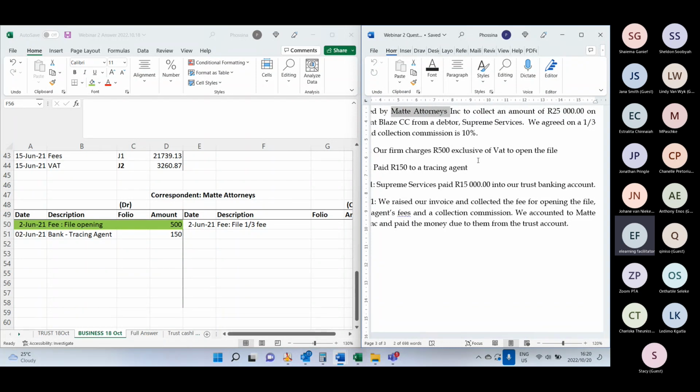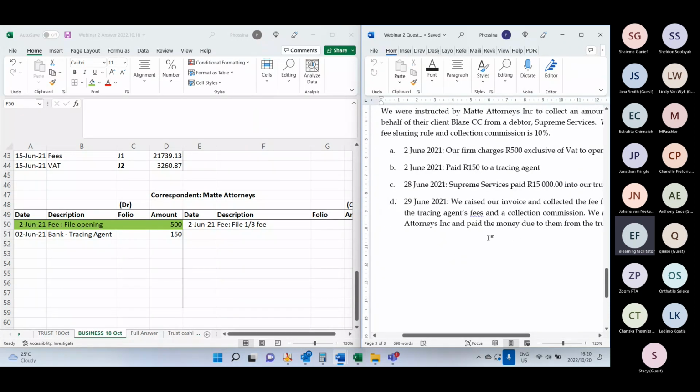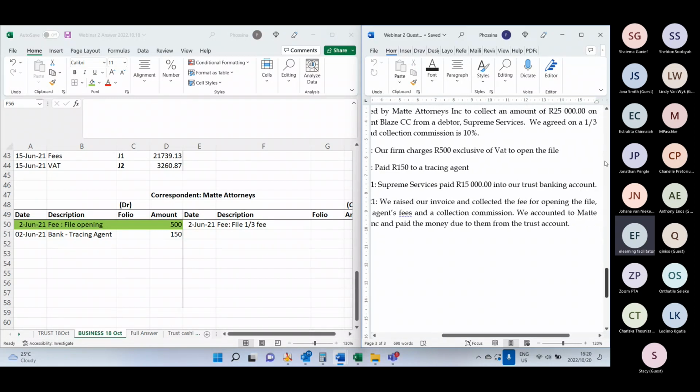What we need to note is that we did not receive 25,000. We are only receiving 15,000. So in your books, you cannot record 25,000 because we haven't received it, and we can't account for it.